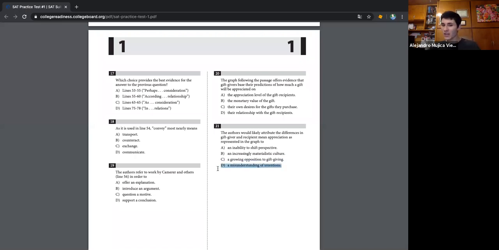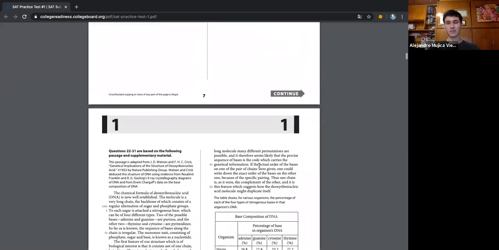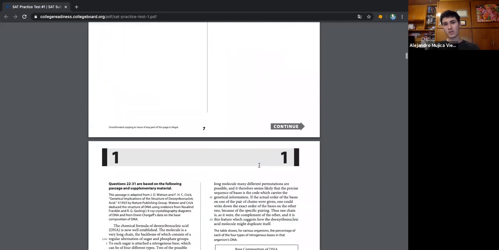And a misunderstanding of intentions. There is a misunderstanding, but it's not really a misunderstanding of intentions. In any case, it's like a misunderstanding of perspective or appreciation. So it's an inability to shift perspective. That's the right answer. And that is it for passage number 2.